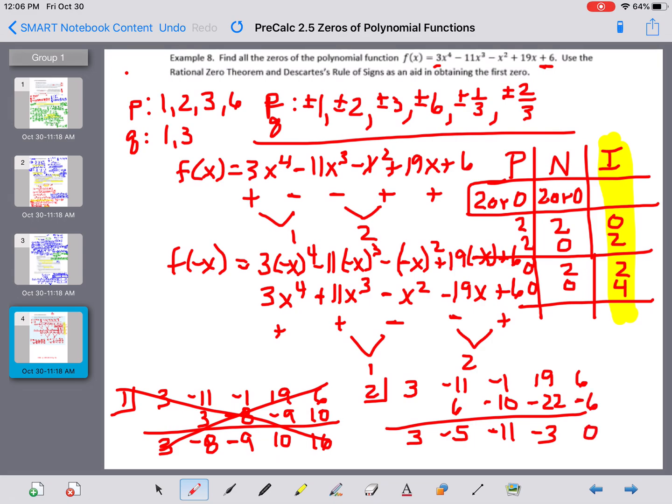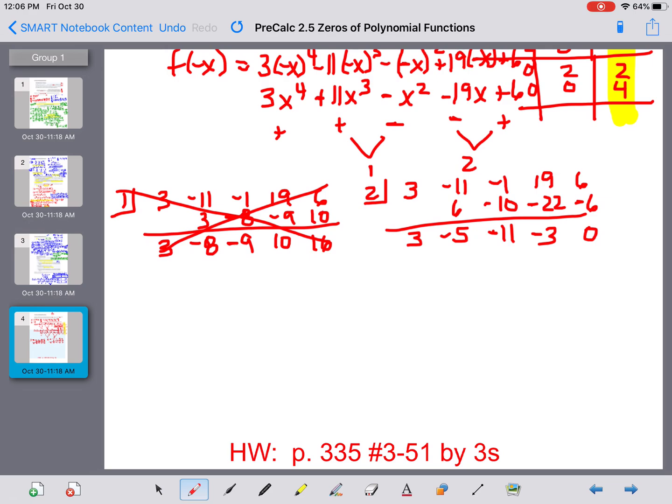So 2 worked. If I get 1 positive, I have to have another positive, because I can have either 0 positives or 2 positives. If I got 1, I have to have a second one. So we have 3, 6, 1/3, and 2/3 to go. My logic says let's try 3.